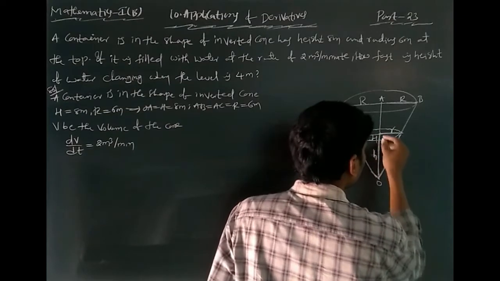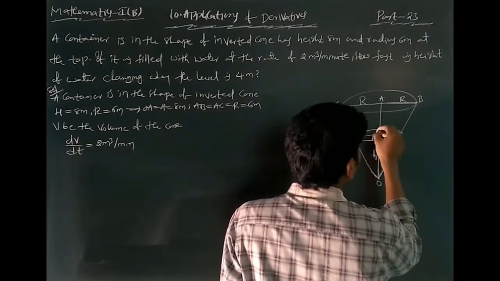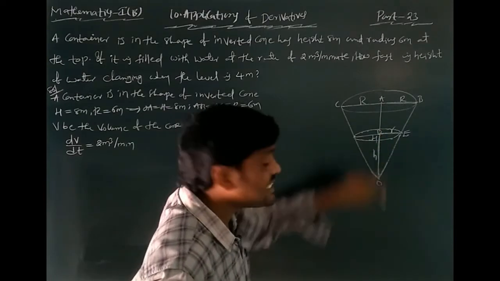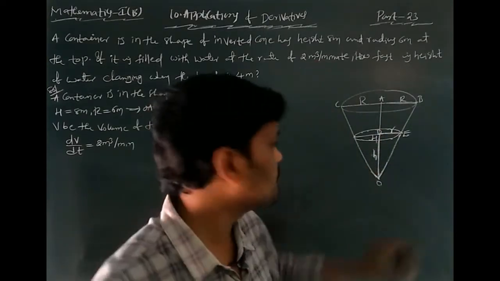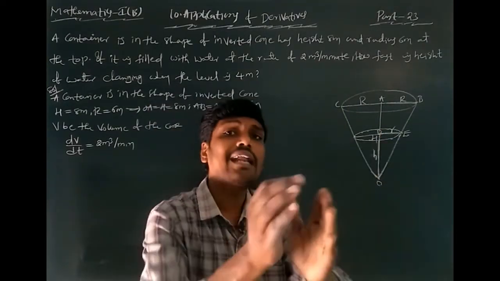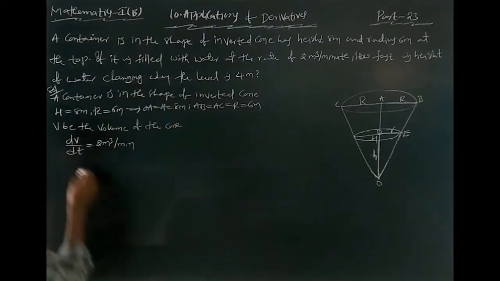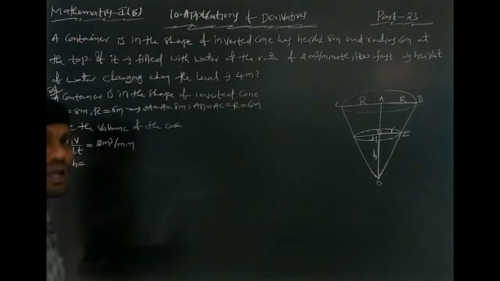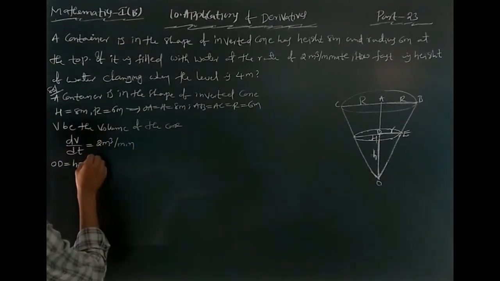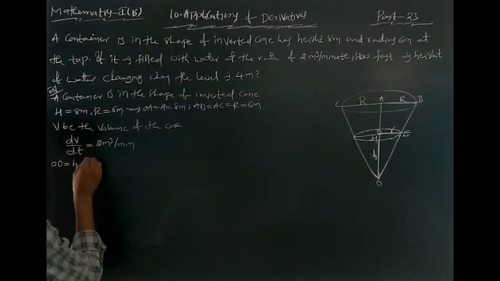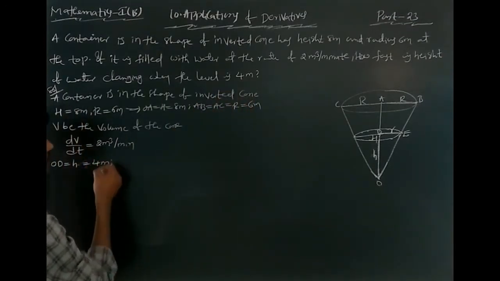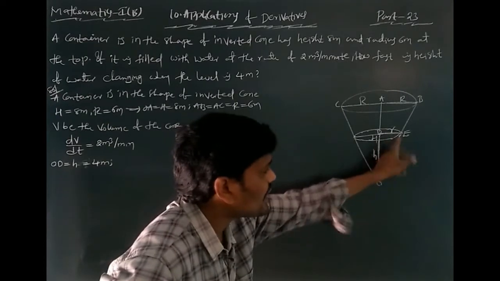Suppose here this one is D, this one is E. Here OD is the height of the water level, and DE is the radius of the water level. OD equals height of the water level equals small h, which is given as 4 meters.